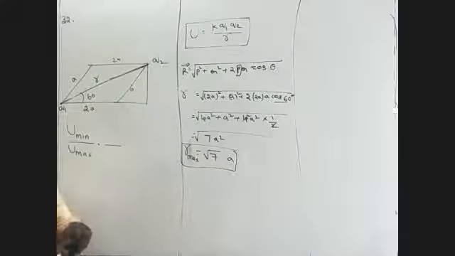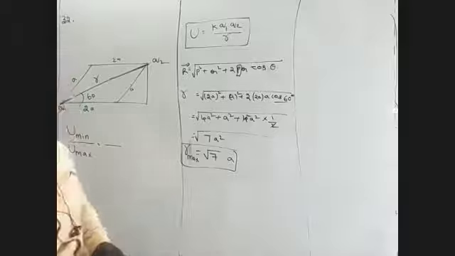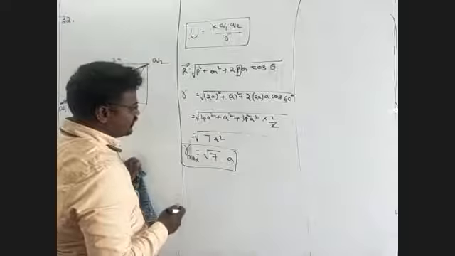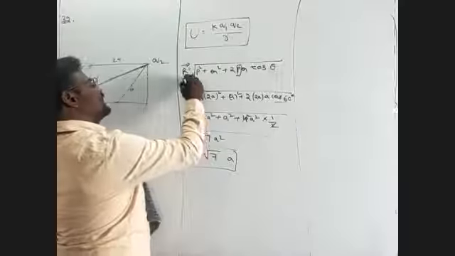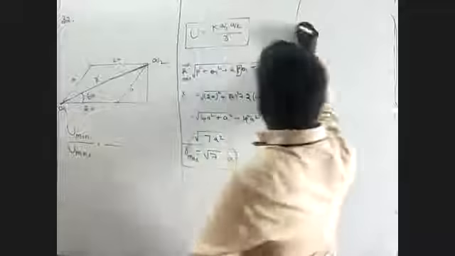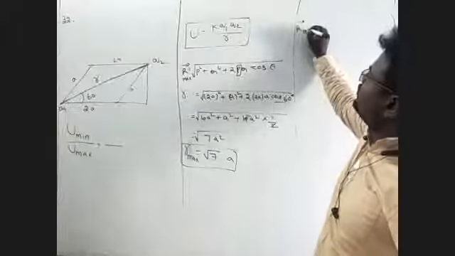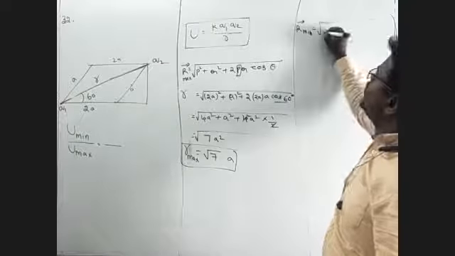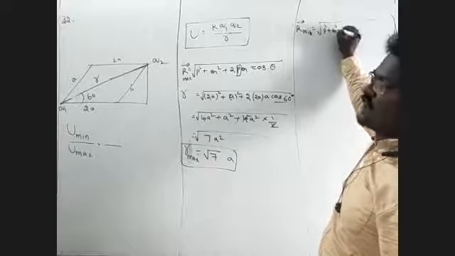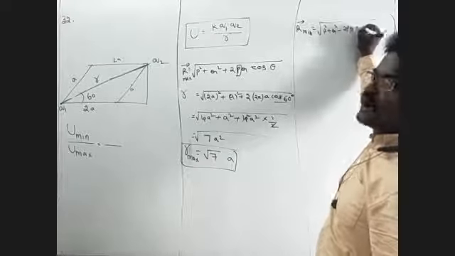If you want R minimum, we take the root of P square plus Q square minus 2PQ cos theta.